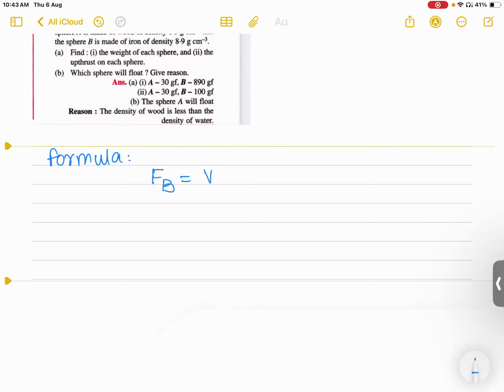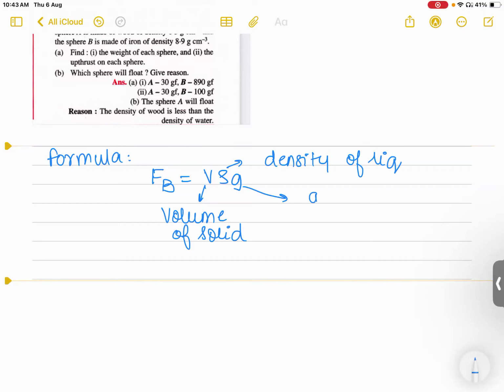And this FB is calculated by using the formula V rho g, where V represents the volume of the solid which is immersed in that liquid. Rho represents the density of liquid. Guys, it is the density of liquid, huh? It is not the density of solid. g represents acceleration due to gravity. Okay.